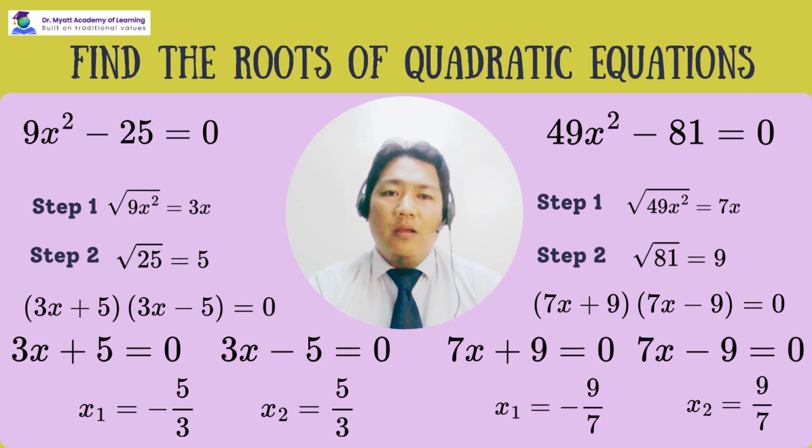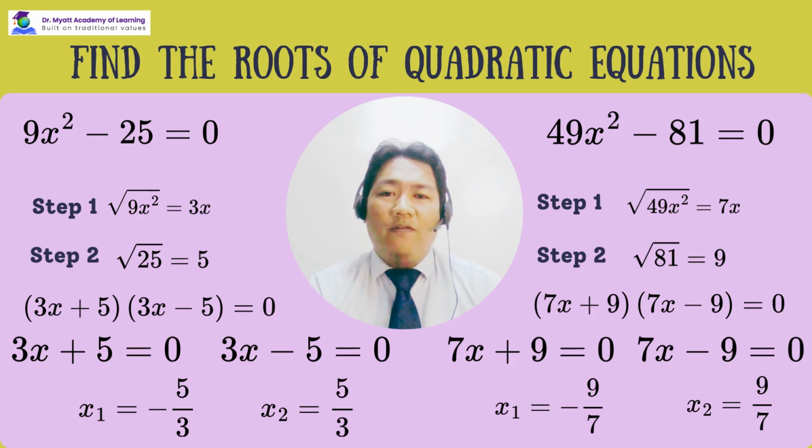If you remember, a difference of two squares is a product of the sum and difference of two same binomials. Therefore, the factors are 3x plus 5 and 3x minus 5 is equal to 0. To find our x sub 1, we have 3x plus 5 is equal to 0. So x is equal to negative 5 over 3. For x sub 2, 3x minus 5 is equal to 0. x is equal to 5 over 3.